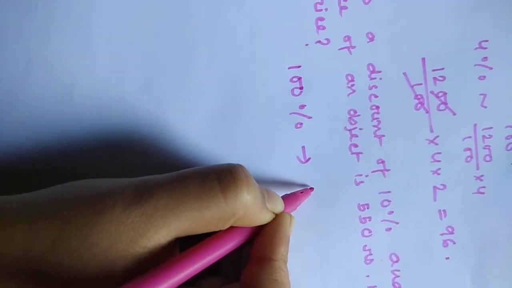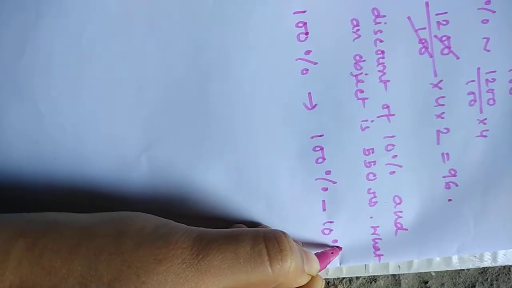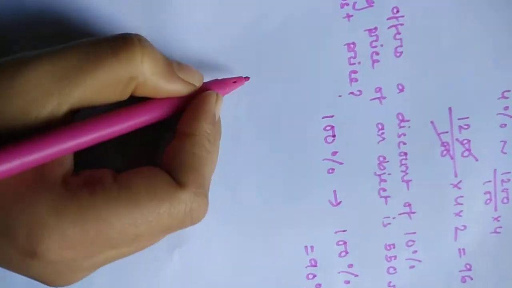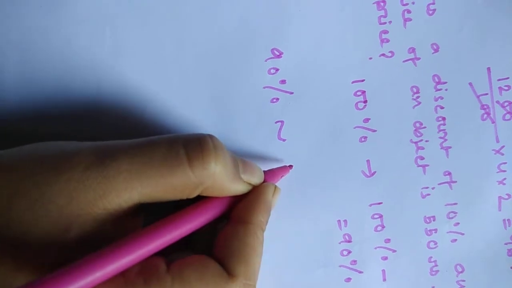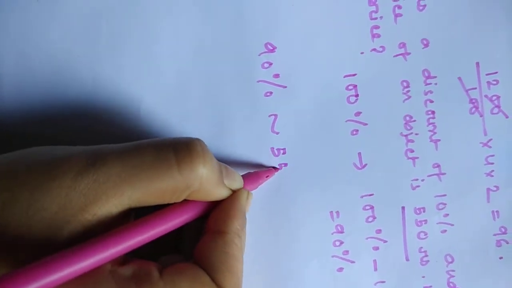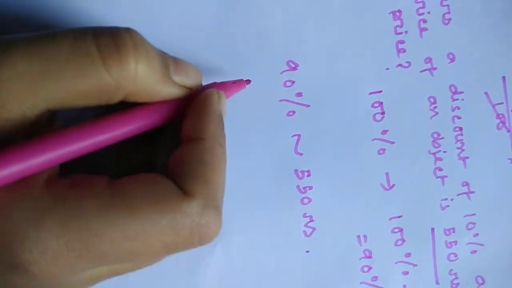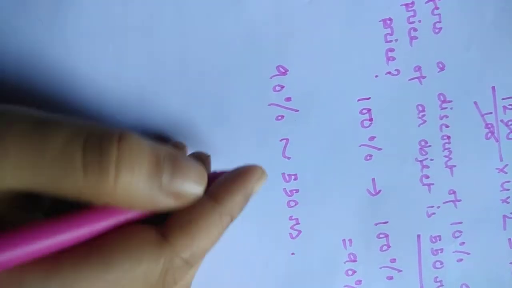He is selling for 100% minus 10%, which is 90%. Okay, so this 90% is his selling price. That is given here as 550 rupees.